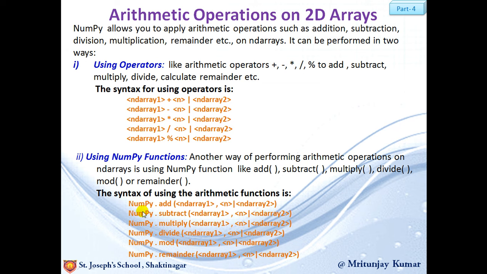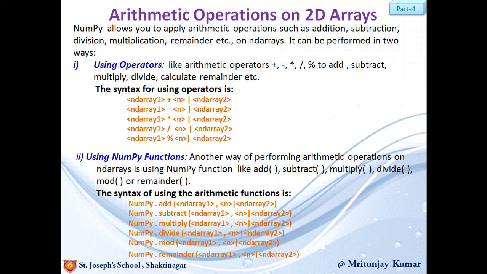There is a syntax for using these functions: np dot add, and in the brackets we write the array name, comma, either another array or any numeric value. So first we give the NumPy name, then the function name, then under the function we give the arguments. For this we can see some examples also.